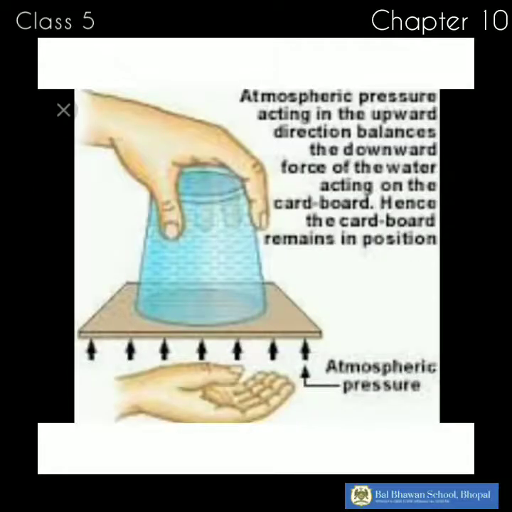Atmospheric pressure acting in the upward direction balances the downward force of the water acting on the cardboard. Hence the cardboard remains in its position and the water is not spilled. Children, try and do this experiment on your own to understand how atmospheric pressure works.